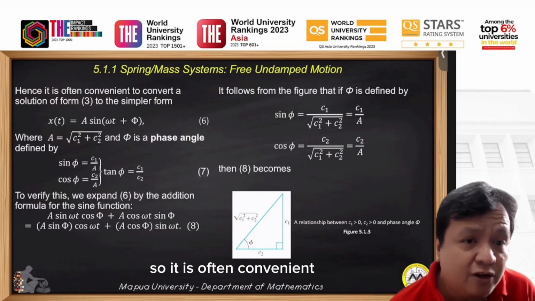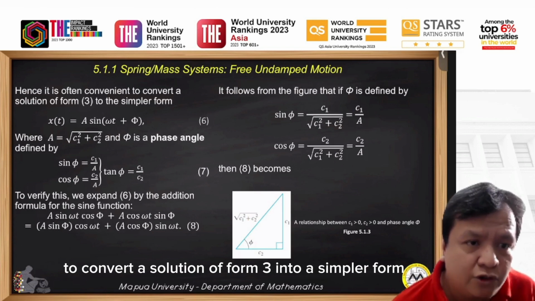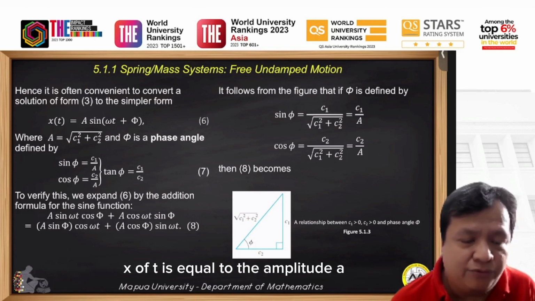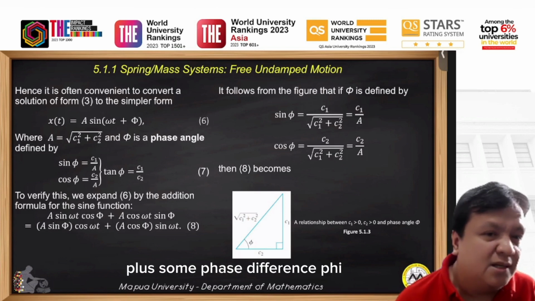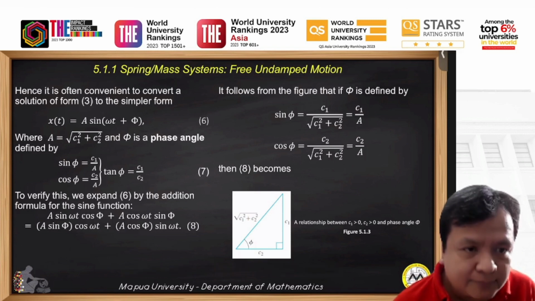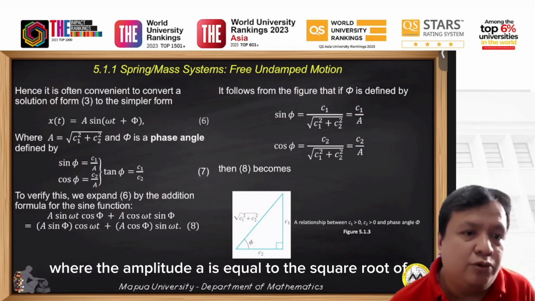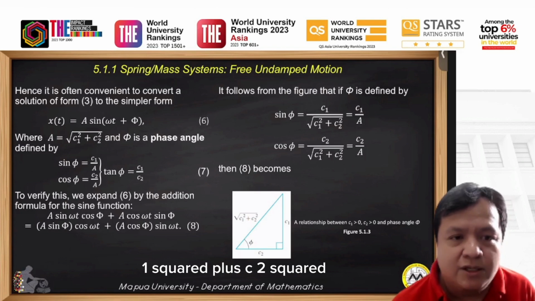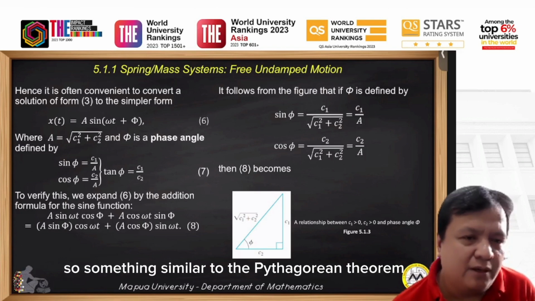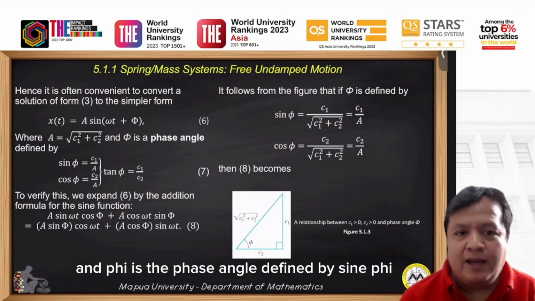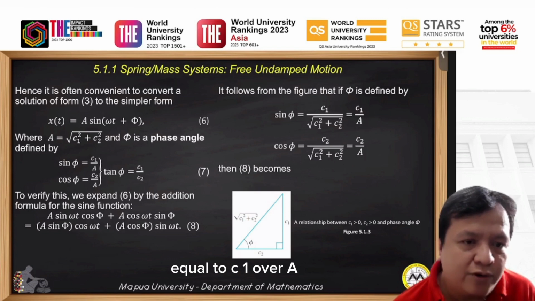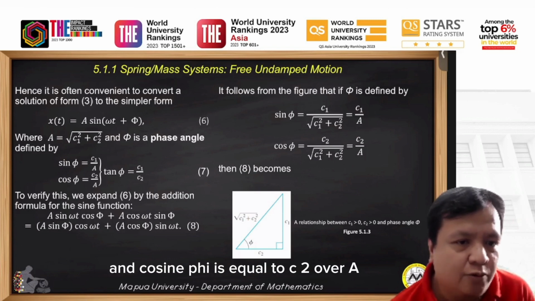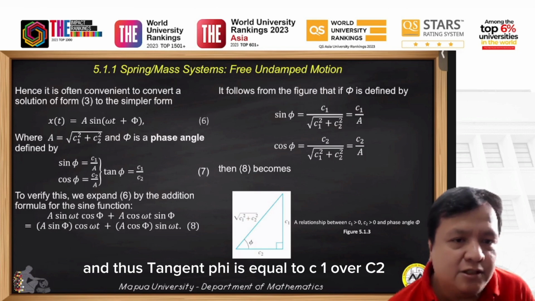It is often convenient to convert a solution of form 3 into a simpler form, x of t equal to the amplitude A sine omega t plus some phase angle phi, where the amplitude A is equal to the square root of c1 squared plus c2 squared, similar to the Pythagorean theorem. And phi is the phase angle defined by sine phi equal to c1 over A, and cosine phi equal to c2 over A. Thus, tangent phi is equal to c1 over c2.